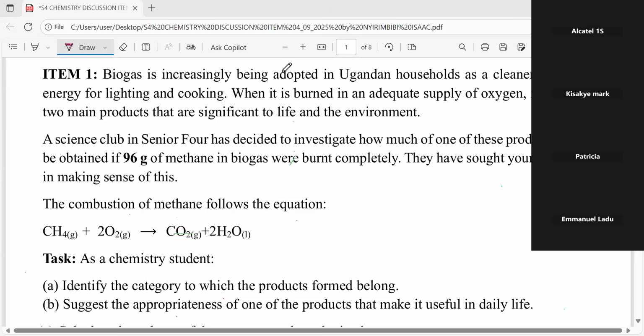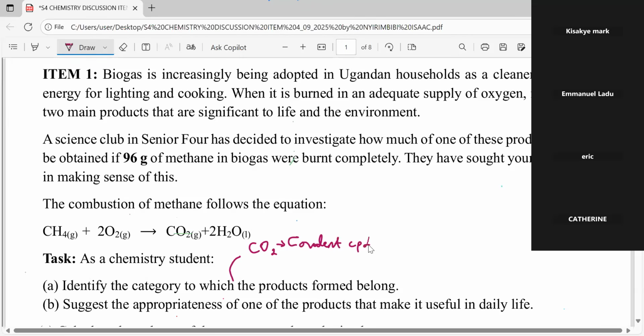Carbon dioxide is a covalent compound because it is formed by sharing of electrons between two nonmetallic atoms. Okay, so for you, you're saying one of the products is carbon dioxide, isn't it? Yes, teacher. And then you're saying it is what? It is a covalent compound.